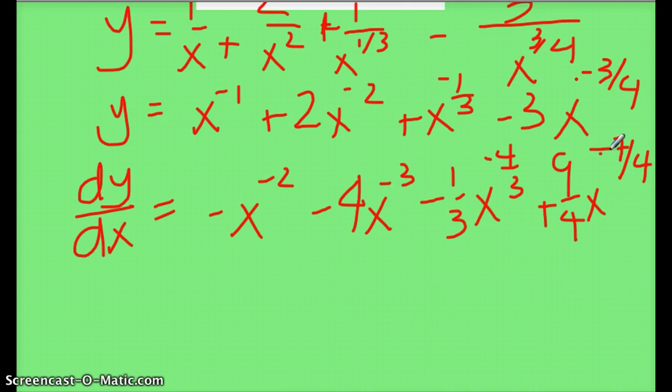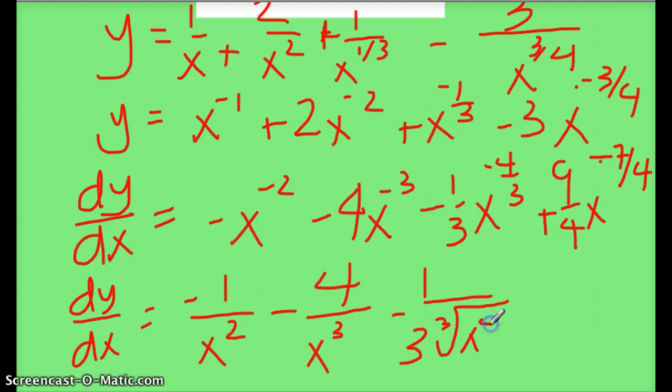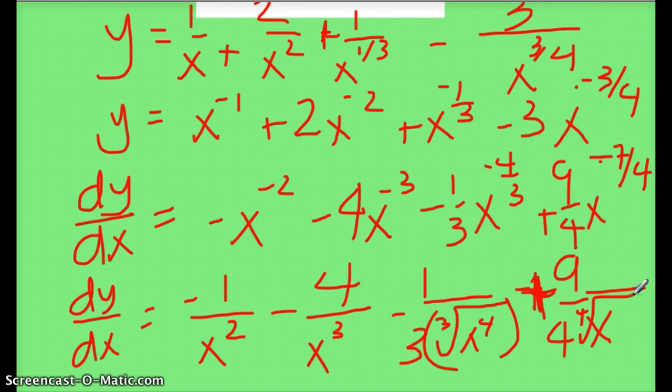Let's make sure that it's a negative. And then if I am to simplify this, I'm going to move all my negative exponents back down into the denominators, and I'm going to get negative 1 over x squared minus 4 over x cubed minus 1 over 3 cube root of x to the 4th plus 9 over 4x to the 4th root x to the 7th power.